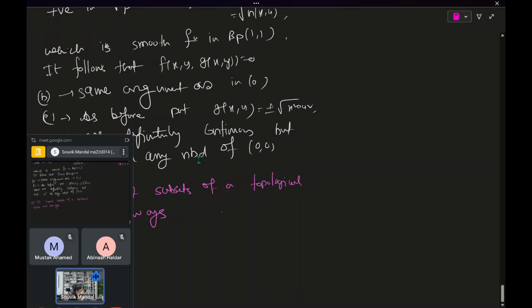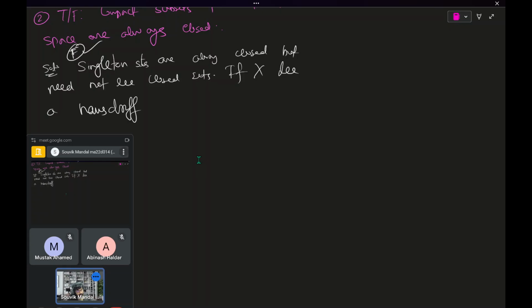It is false, since singleton sets are always compact but need not be closed sets. And if X is a Hausdorff space, then every compact subset is closed in X.